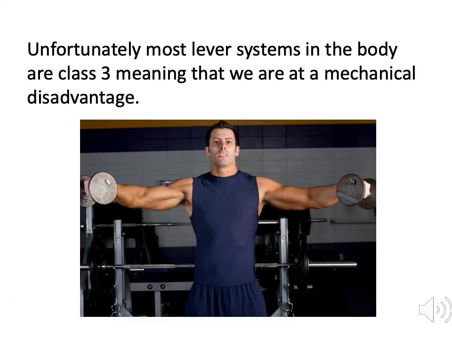Now, unfortunately, as was mentioned a little bit earlier, the vast majority of lever systems in the body are class 3. This therefore means we are almost always at a mechanical disadvantage. The picture shows a lateral raise. In this situation, the fulcrum will be the ball and socket joint at the shoulder.